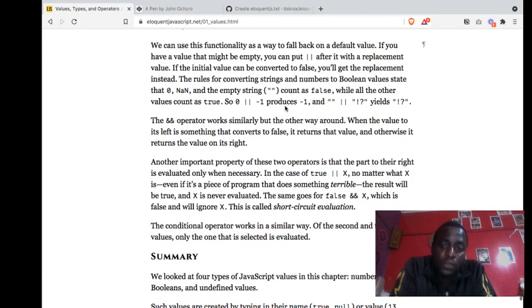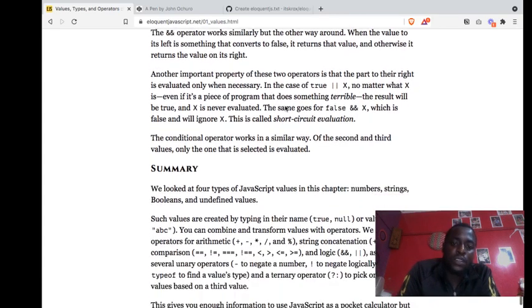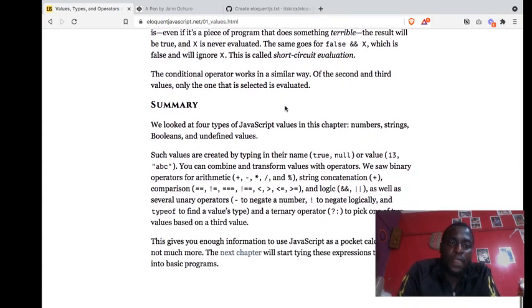The same goes for false and x, which is false and will ignore x. This is called short-circuit evaluation. The conditional operator works in a similar way: of the second and third values, only the one that is selected is evaluated.